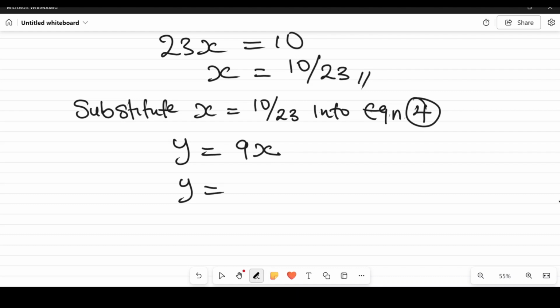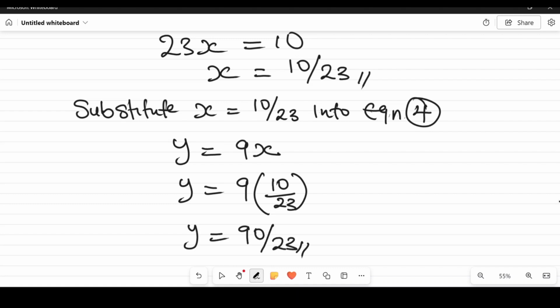So y is equal to 9 multiplied by 10 divided by 23. So our y is equal to 90 divided by 23. That's the answer. So x is equal to 10 divided by 23, y is equal to 90 divided by 23. That is the answer.